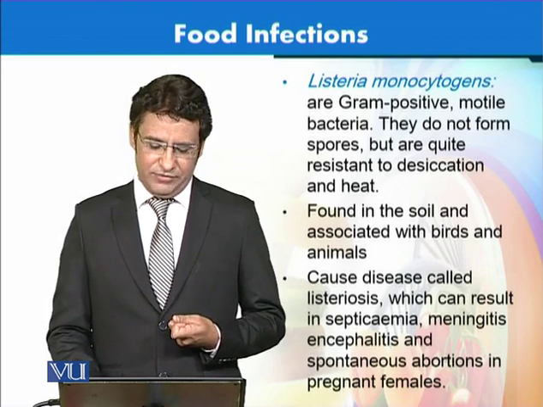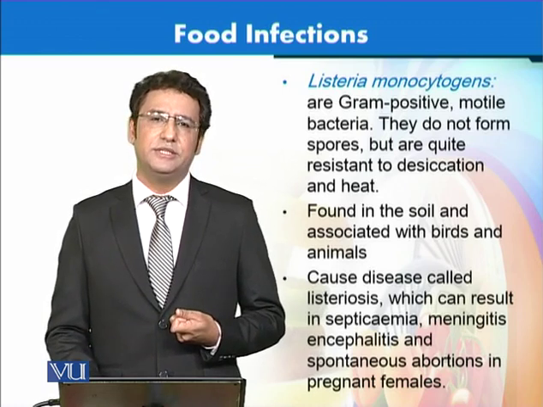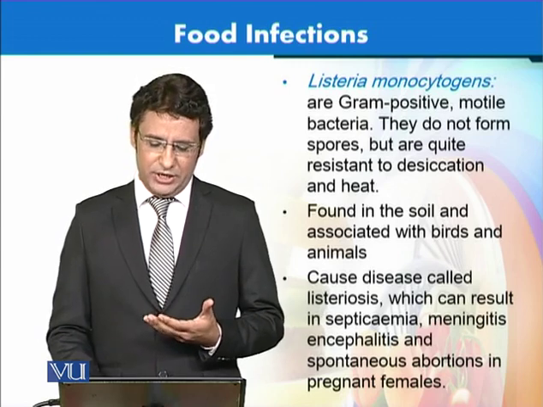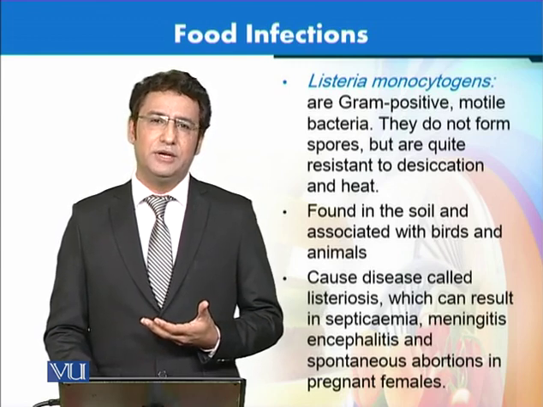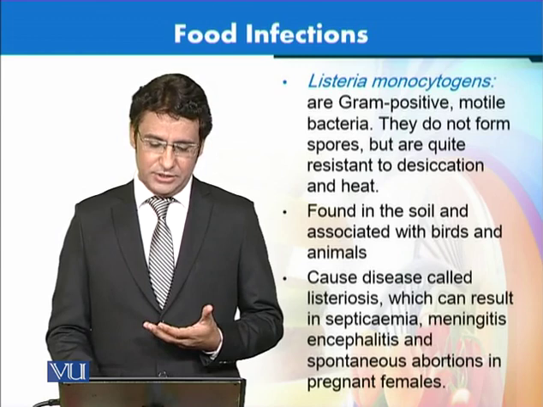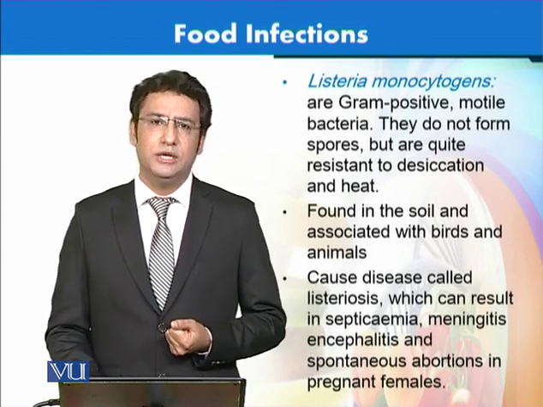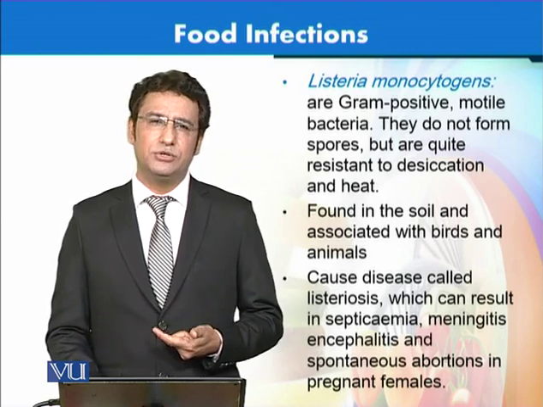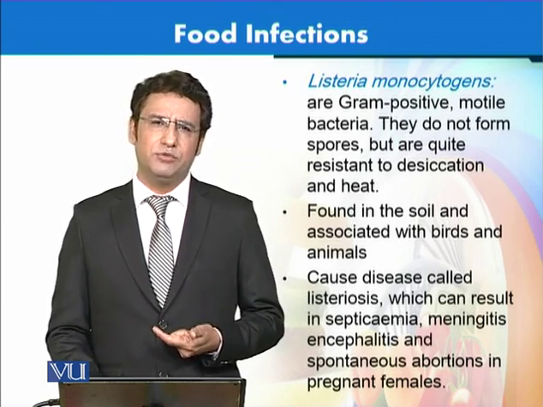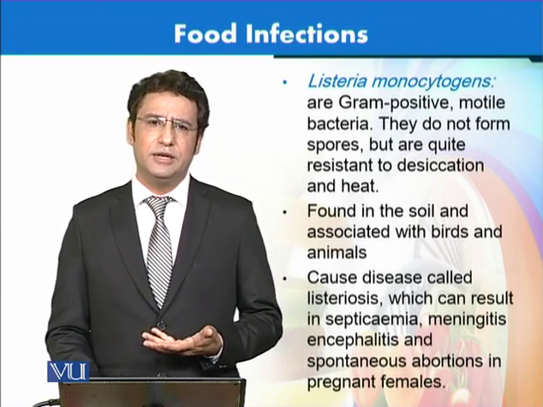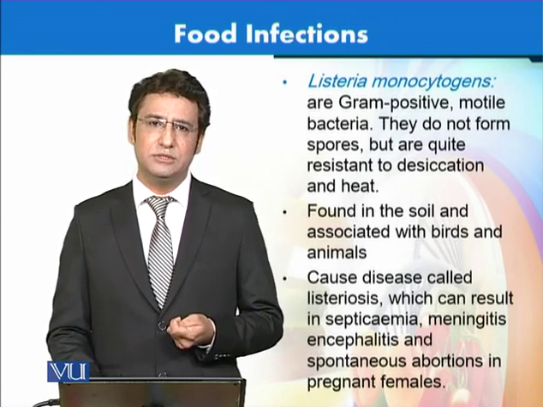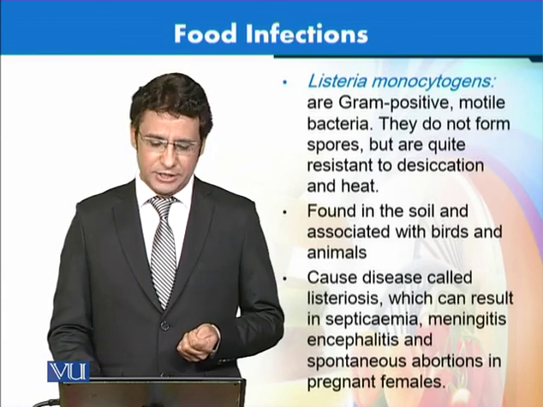Encephalitis is the inflammation of the brain itself. So these two kinds of inflammations are deadly, they are very serious. It is caused by Listeria monocytogenes, and this can also lead to abortions in pregnant women. Instant abortions can happen if we consume food having this Listeria monocytogenes, and this infection takes place.